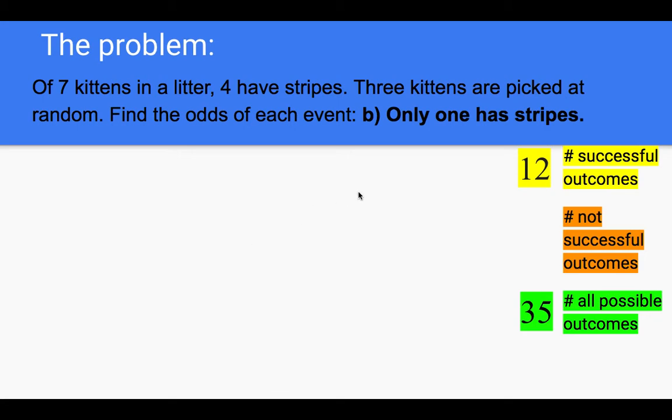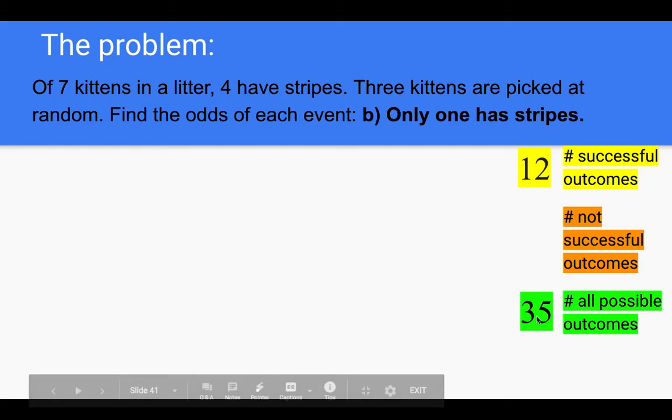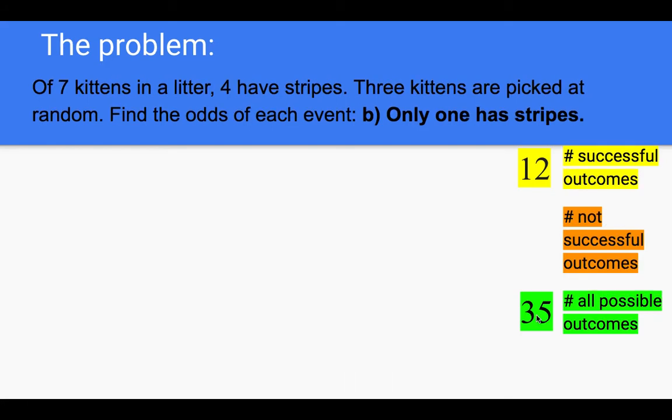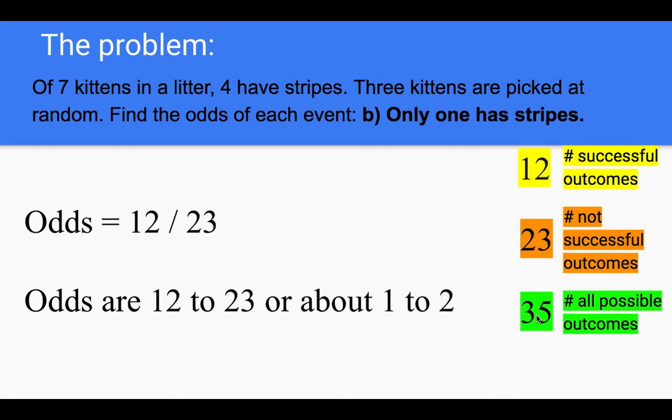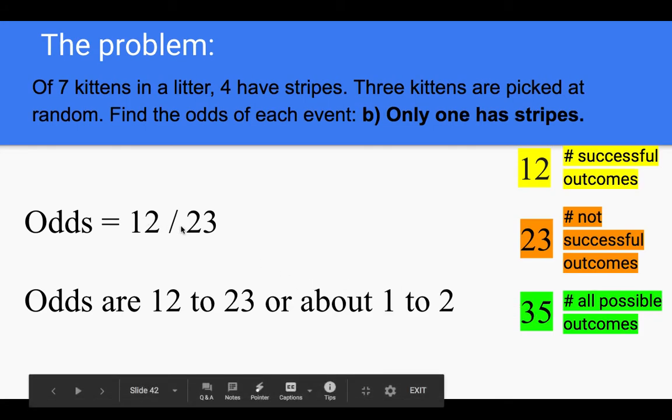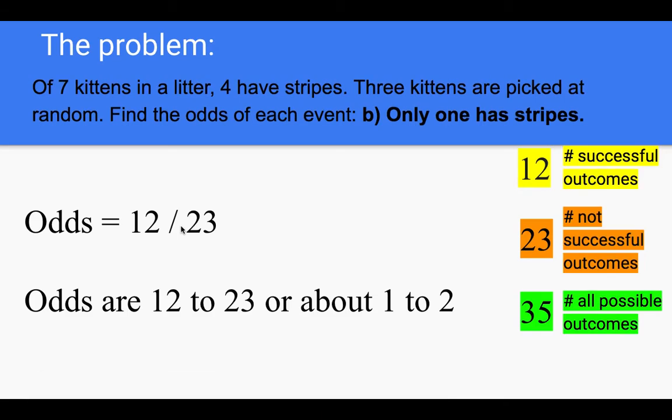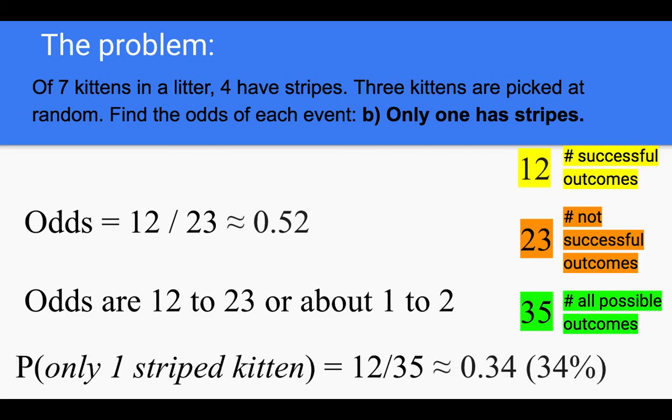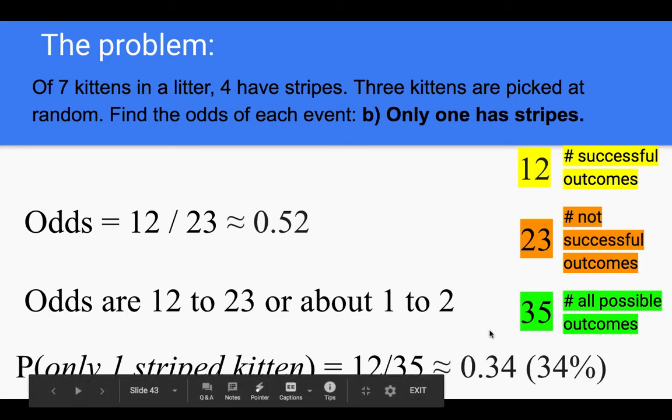If 12 is this number, this one is what's left to make the 35 total possible outcomes. So this is 23, and then the odds are just 12 over 23, or we can say that the odds are 12 to 23, or about 1 to 2. And again, this number is around 52%, which is very different than the probability, which is 34%.